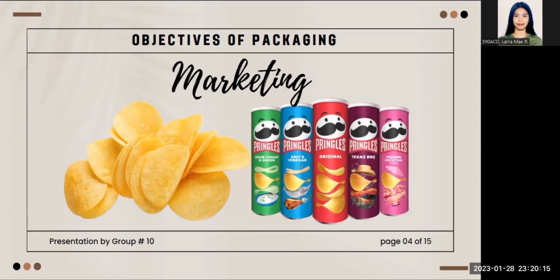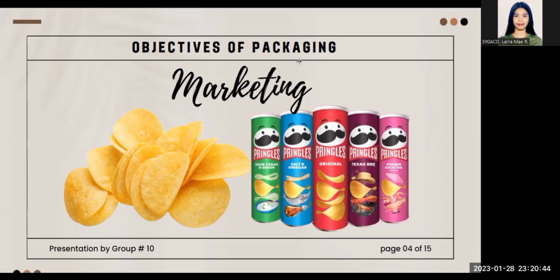Next will be the marketing. So when we say marketing, it refers as a channel for communication that can be used to project a brand image, as well as supply people with vital product information. So the packaging and labels can be used by marketers to encourage potential buyers to purchase the product. So package graphic design and physical design have been an important and constantly evolving phenomenon, and are applied to the surface of the package, and in the case of the point of sale display.